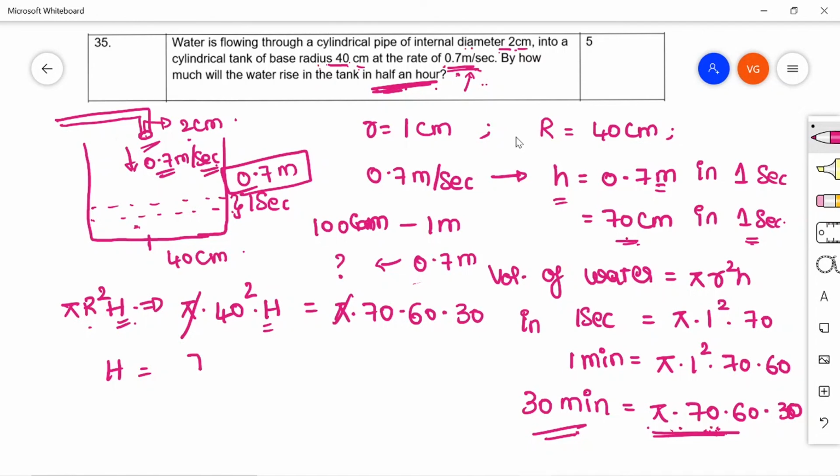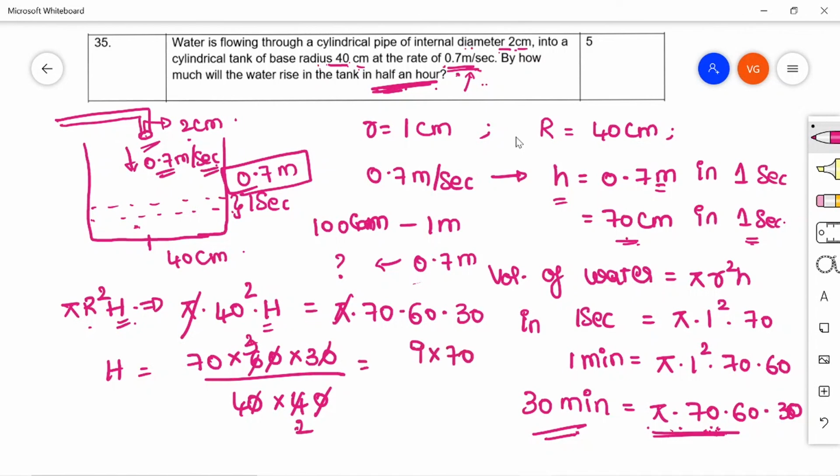Okay. So now I am writing 70 into 60 into 30 divided by 40 into 40. See, this is very simple now to calculate. Things will get cancelled. So this is 2 times, this is 3 times and 2 times here. So 9 into 70 divided by 8.